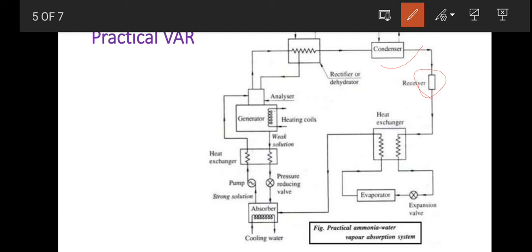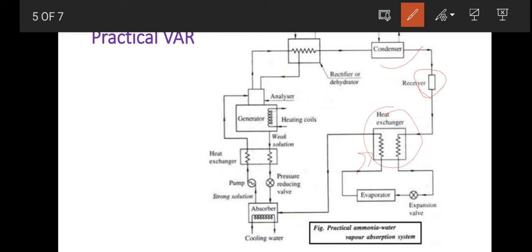In this heat exchanger, the liquid ammonia, which has some amount of energy, exchanges heat with the ammonia vapors coming from the evaporator. After exchanging heat, it is supplied to the expansion valve, where the pressure is reduced, and then to the evaporator, where heat absorption takes place, and again it is supplied to the heat exchanger.